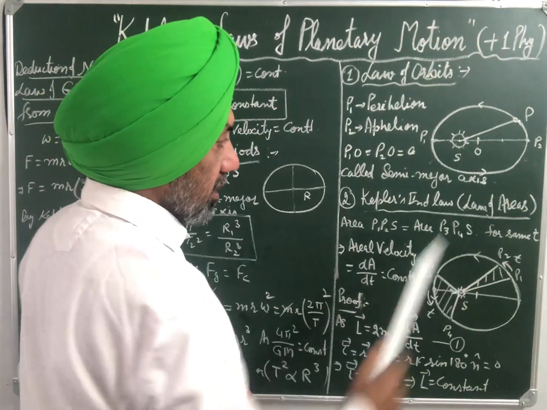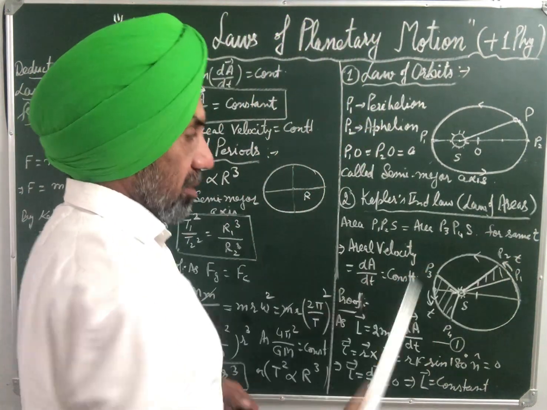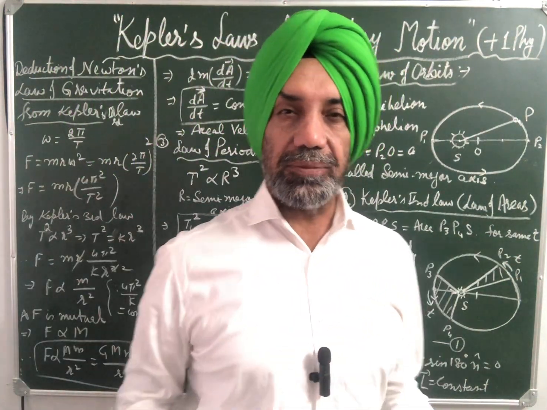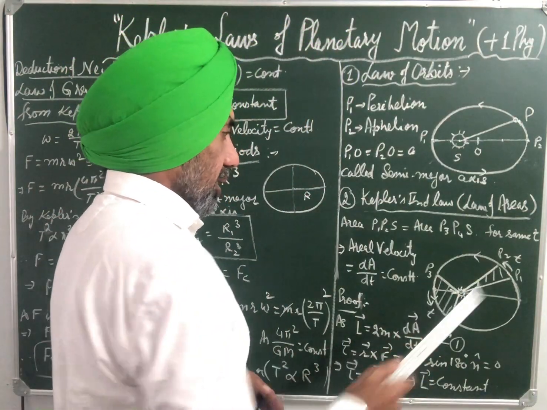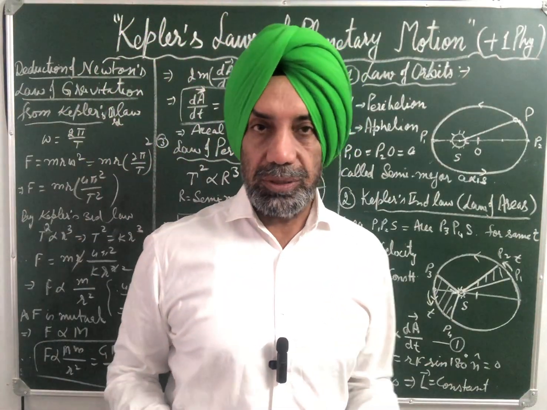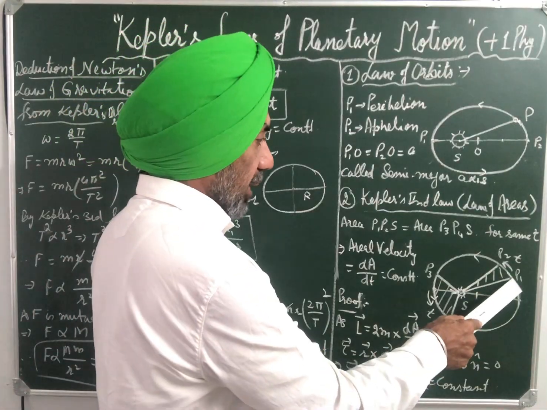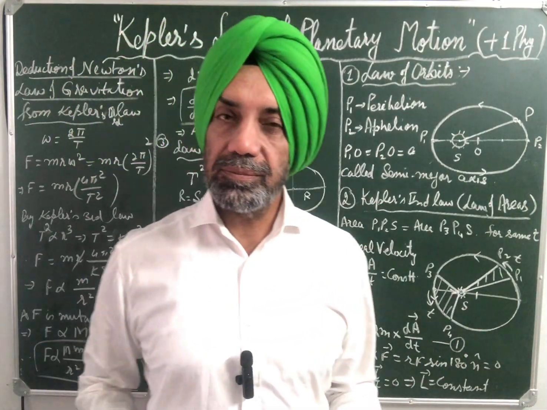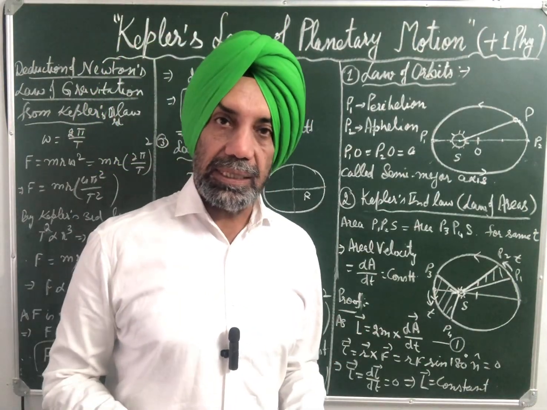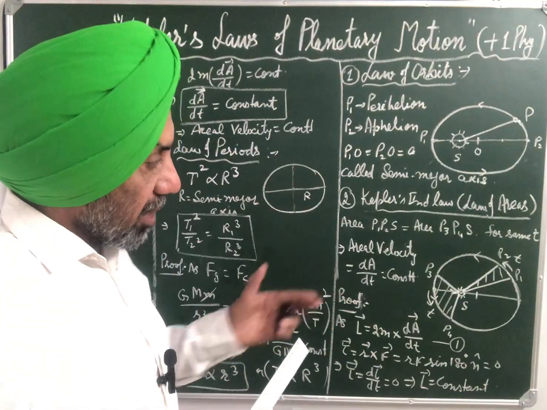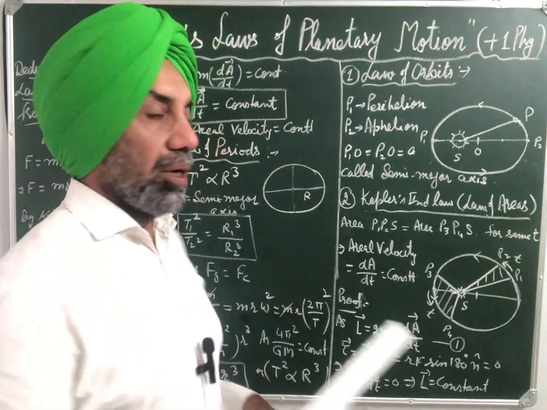Now, Kepler's second law of motion, it is also known as law of areas or law of aerial velocity. It states that the area swept out by the radius vector, radius vector means the line joining the planet to the sun, per second is equal.